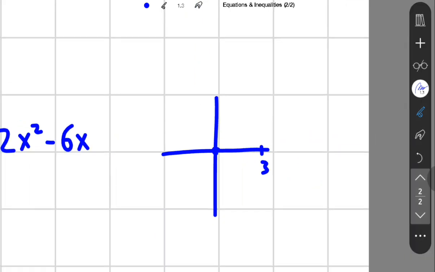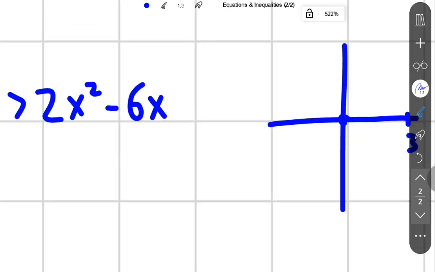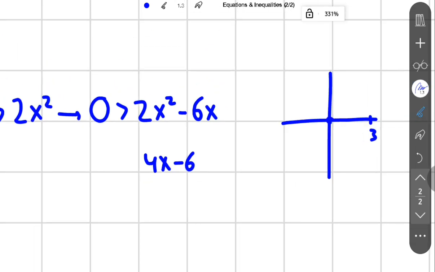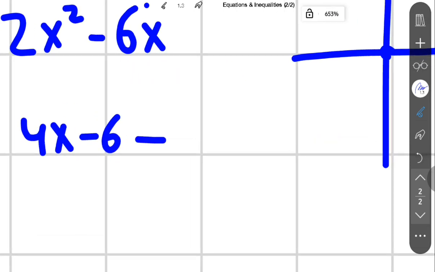Or we could just solve its derivative. We have 4x minus 6, so 6 divided by 4, basically 1.5. As I said, it's actually down the middle. So in the end, x equals 1.5. This is for the turning point.